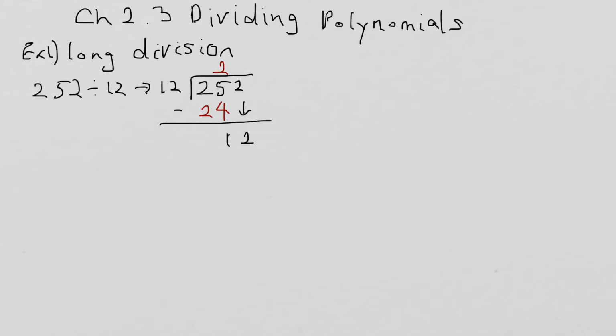Now we can see that 12 goes into 12 one time. So 1 times 12 is 12, and when you subtract, you end up getting 0. So your solution is going to be 21, remainder of 0. So remember, this is how you're going to divide.